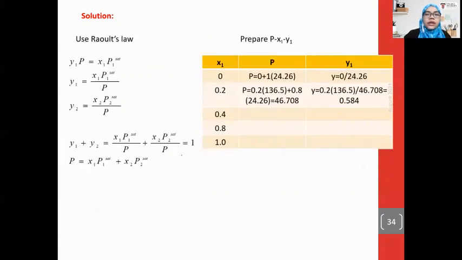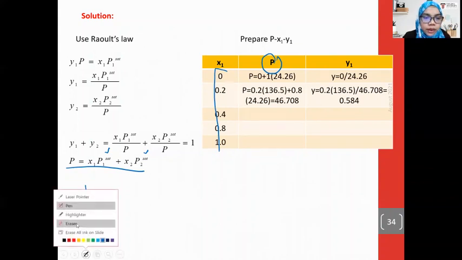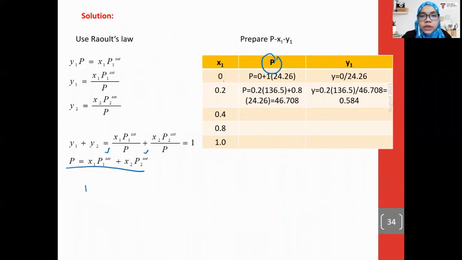And then using that, you can determine our pressure, because pressure is equal to x1 P1 saturation plus x2 P2 saturation. You may start with x1 here, maybe starting with 0, 0.1, or depending on you, maybe 0.2, 0.3. So we can specify our x1. If x1 equals 0, then x2 equals 1.